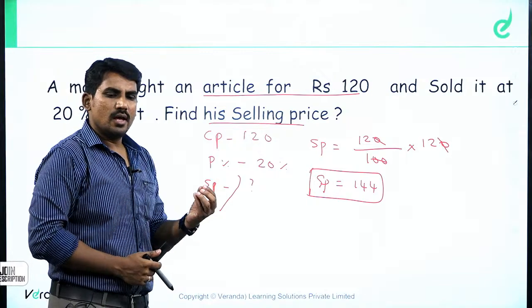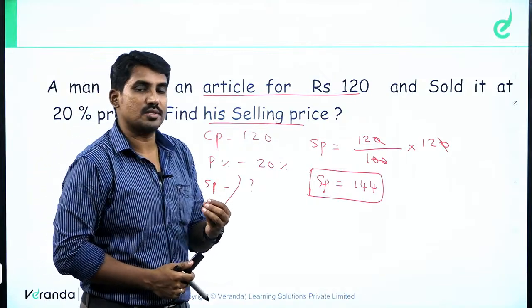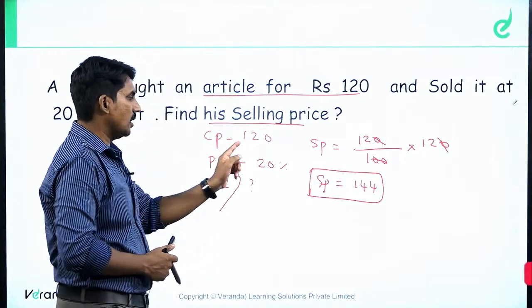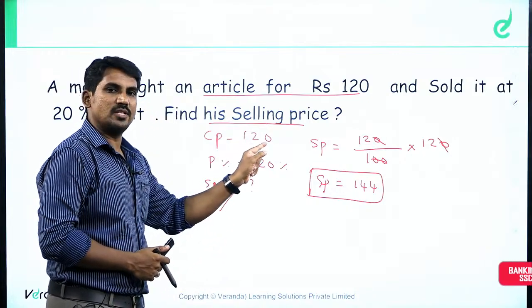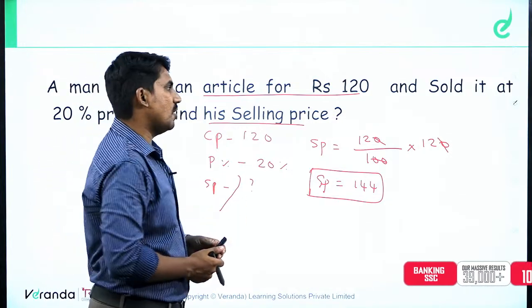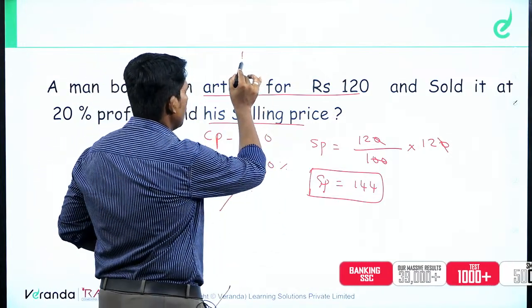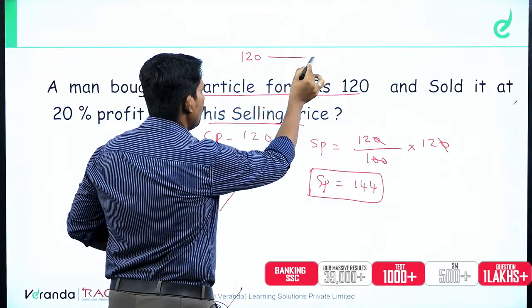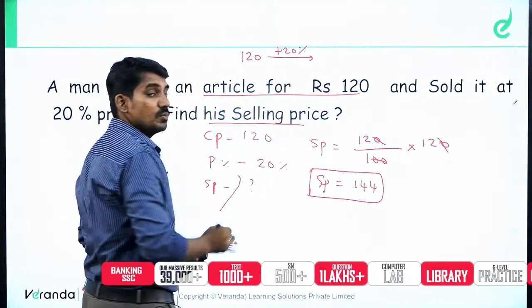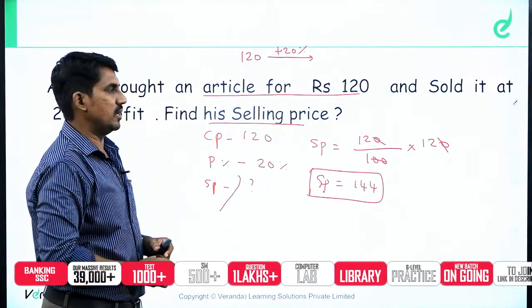Clear? Now, what is the mind calculation technique? Listen, cost price is 120 rupees, and he sold it at a profit of 20 percentage. Profit means add 20 percentage.